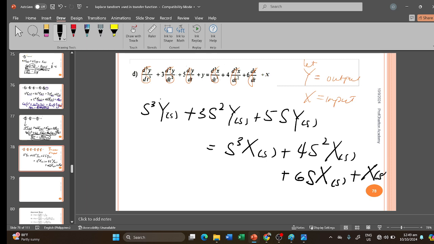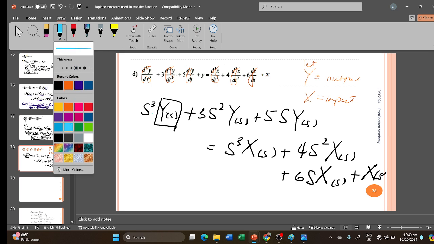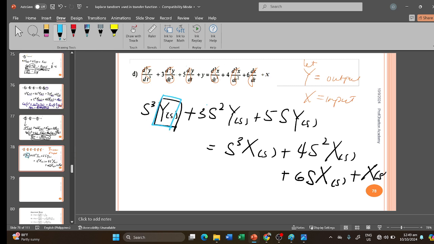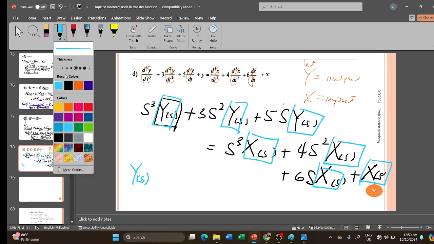So there are common terms. Now let me grab another color. So the common terms, we put them outside: Y. Okay, we go back to the original color.